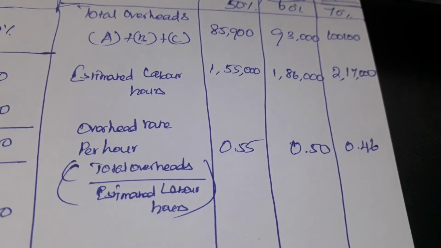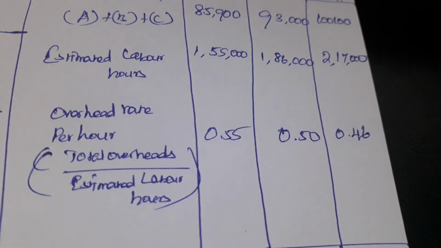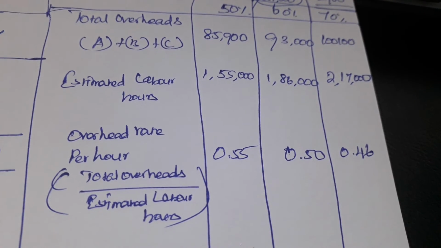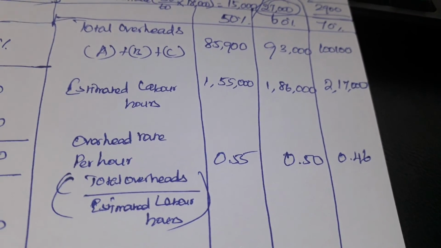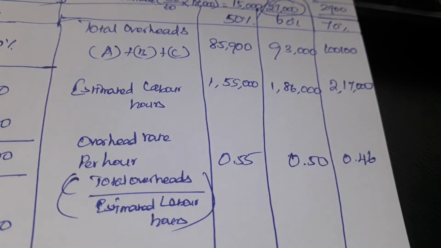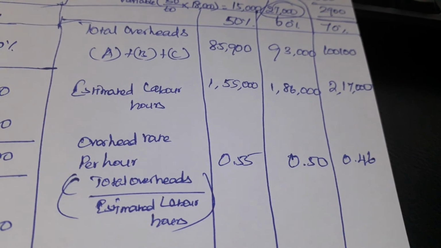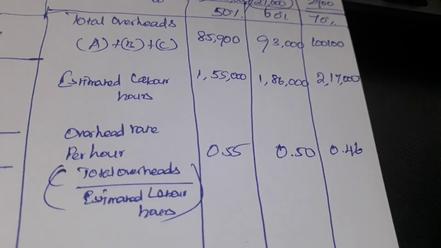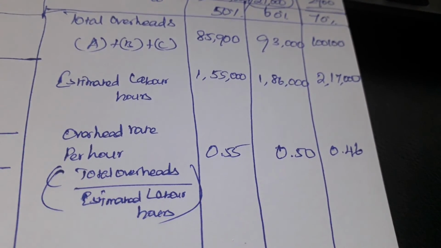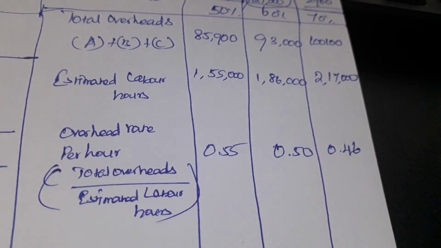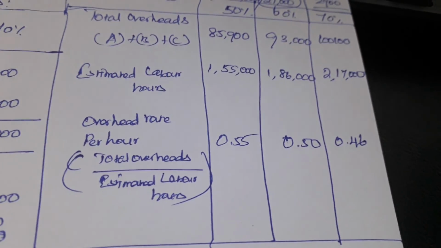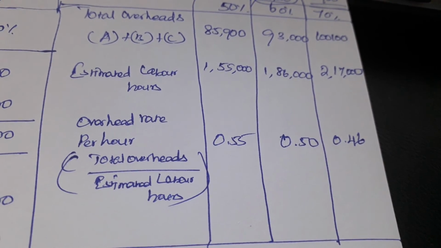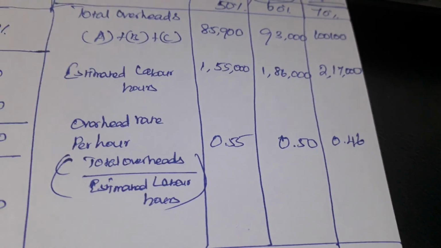Then we calculate the overhead rate per hour. For that we divide the total overheads by the estimated labor hours. If we divide them, we get 0.55 and 0.46. This is the way we prepare the flexible budget.